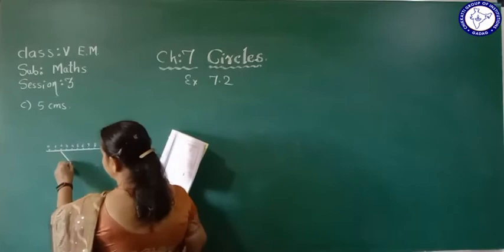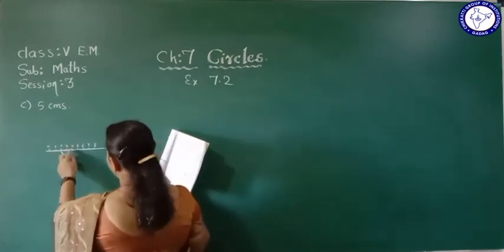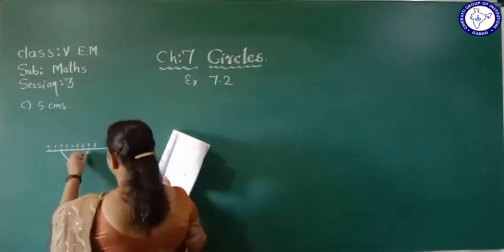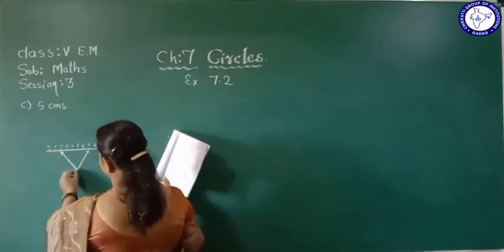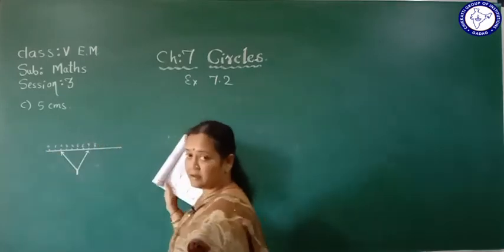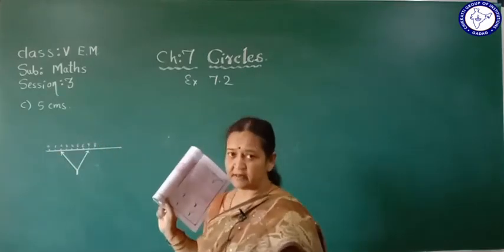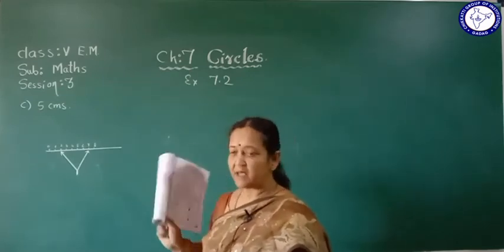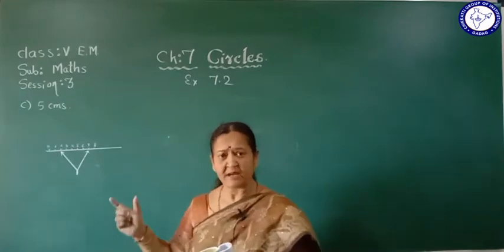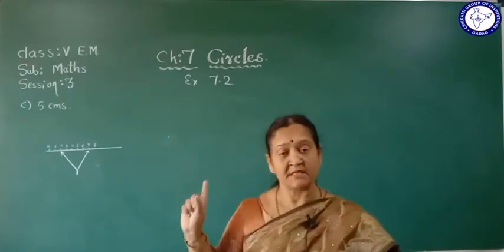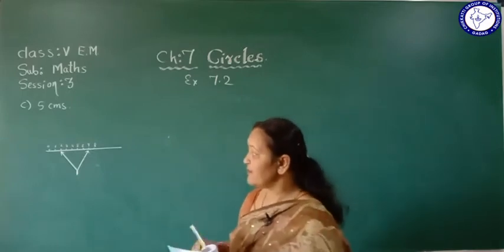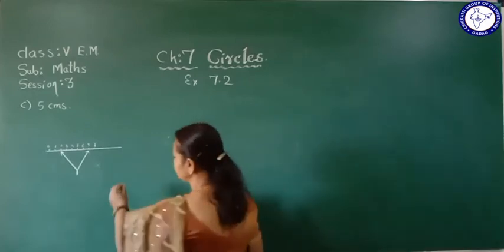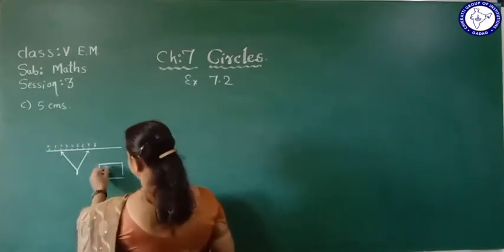From here the compass is kept and 1, 2, 3, 4, 5 till 7. This is marked. Is it correct? Measurement is correct, but keeping the compass on the scale is wrong. The measurement is correct, 5 centimeter. But where you should keep your compass? From 0. So here, this we will put wrong.